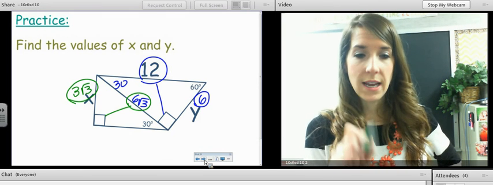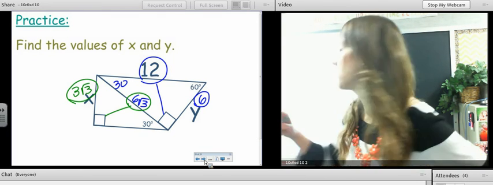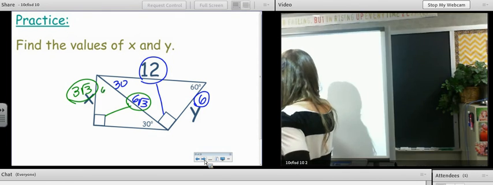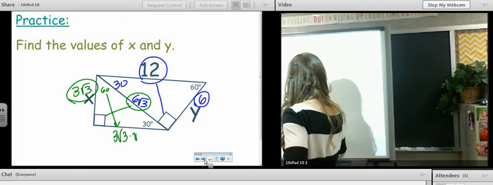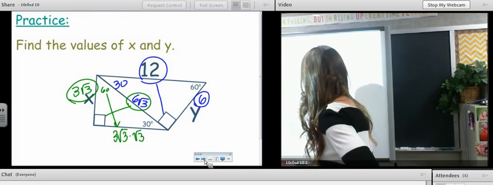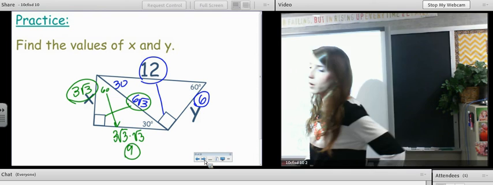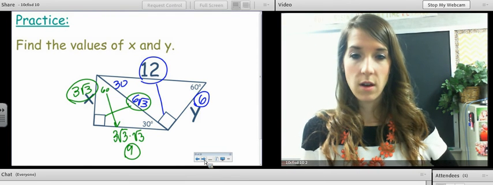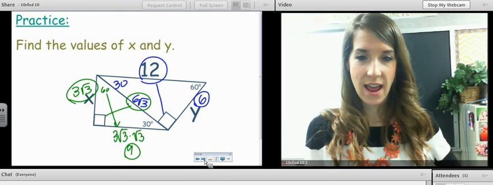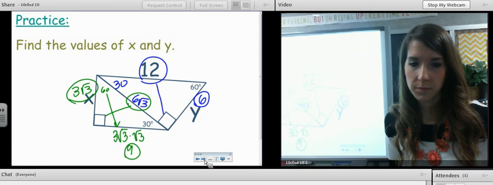So when you said 9, that's what this side is. Across from 60, this is x root 3. So this is 9, but we weren't looking for the one across from 60, okay? So you did find a side of the triangle, but you didn't find x. That's a different side.